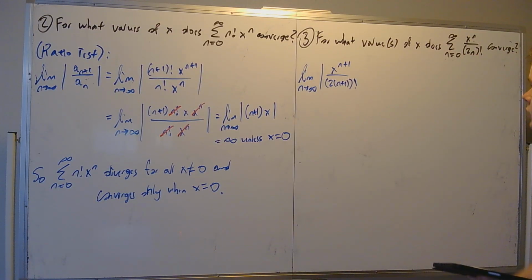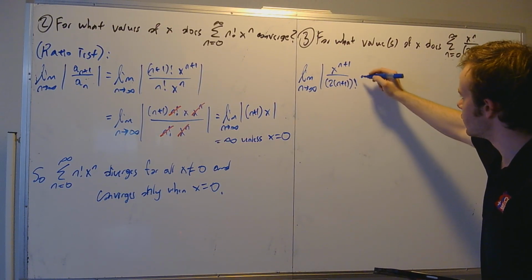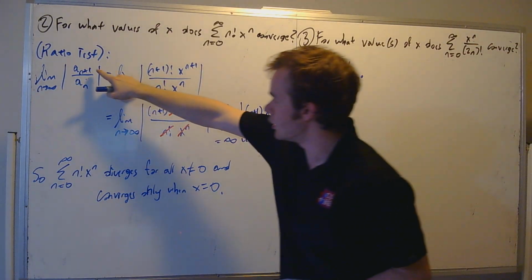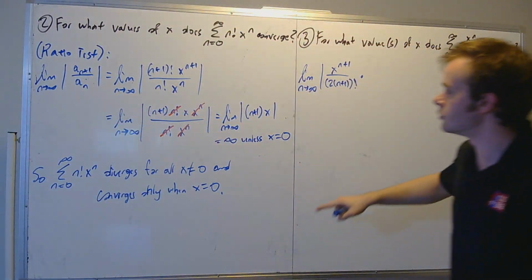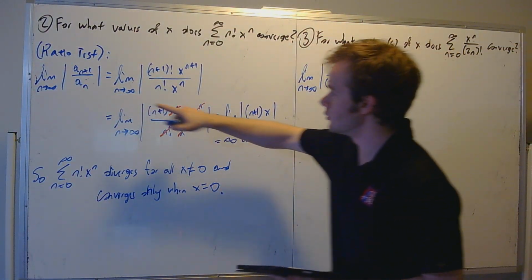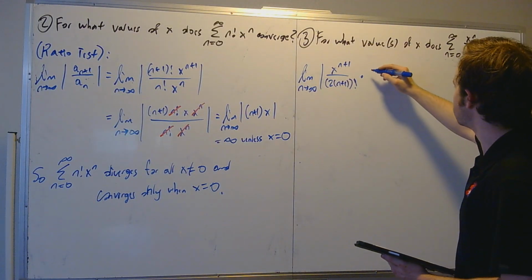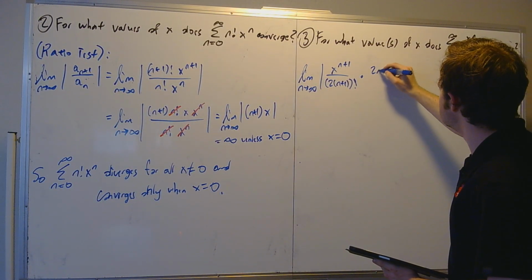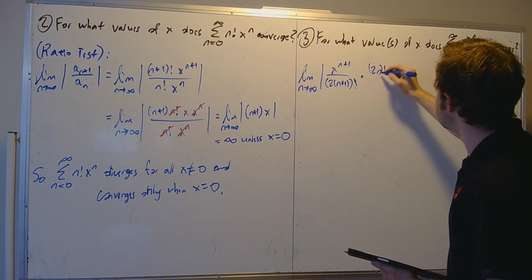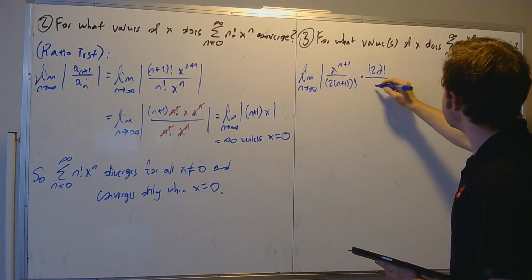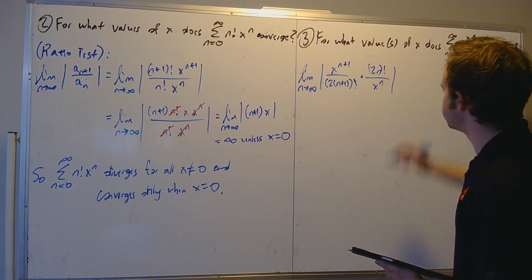And then here, now we multiply by the reciprocal of a n, right? Because we've got a n plus 1 over a n, which is the same thing as multiplying a n plus 1 by the reciprocal of a n. So we're going to multiply this by 2n factorial over x to the n.